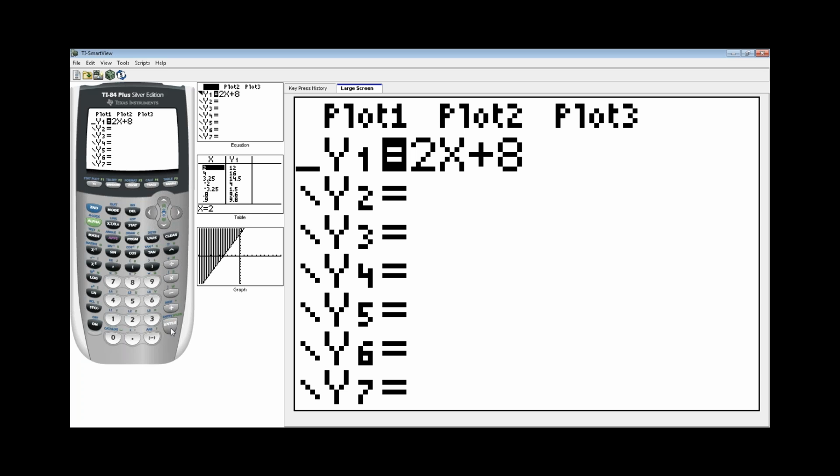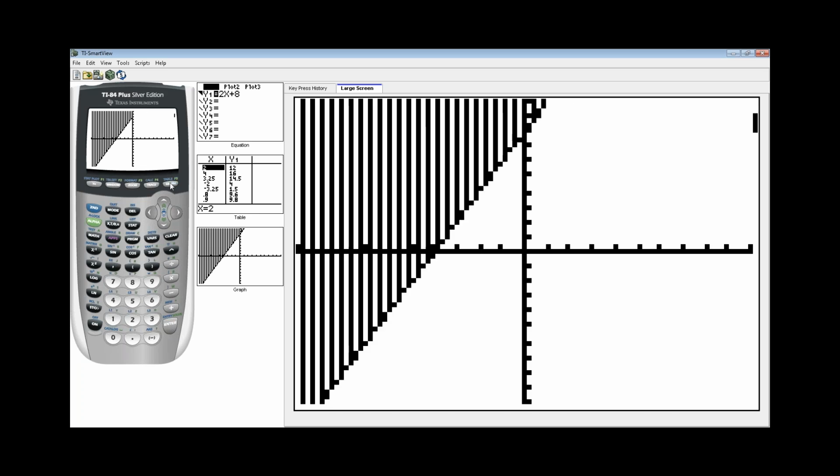So that is the way of telling the calculator, I want to graph y is greater than or equal to, or just greater than, because it doesn't specify whether it's a dotted or solid line when you're shading. So now we're ready to graph. We press graph, and there we go. So that's our graph of the inequality.